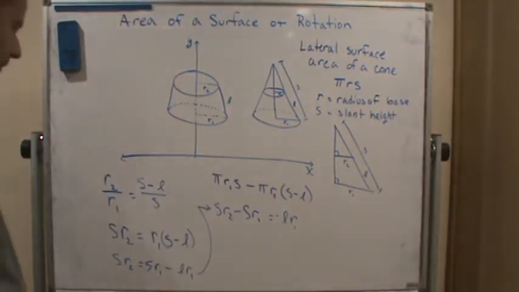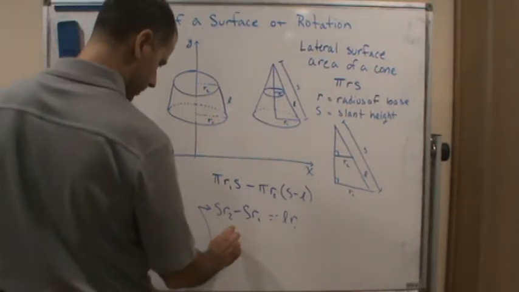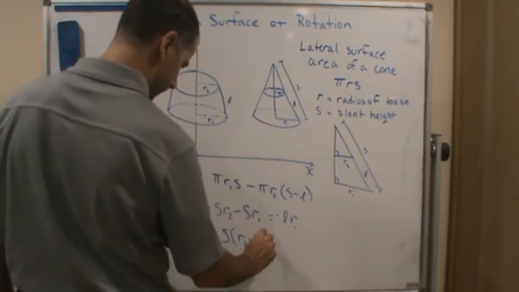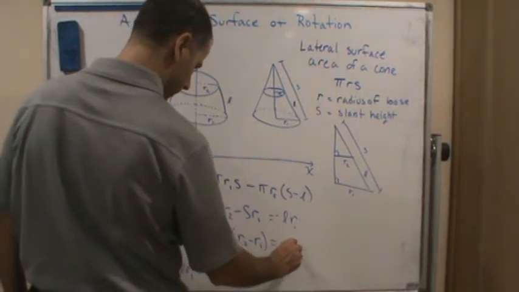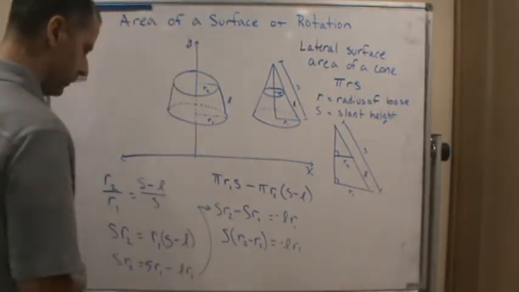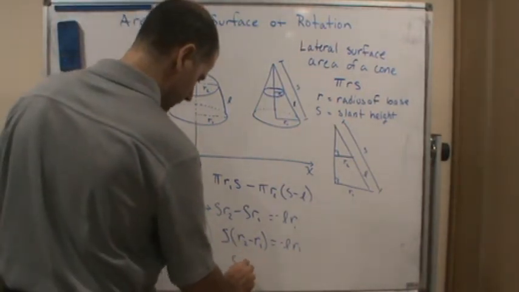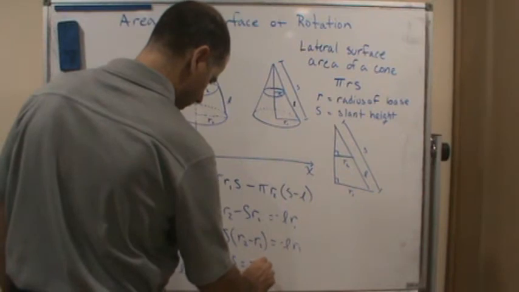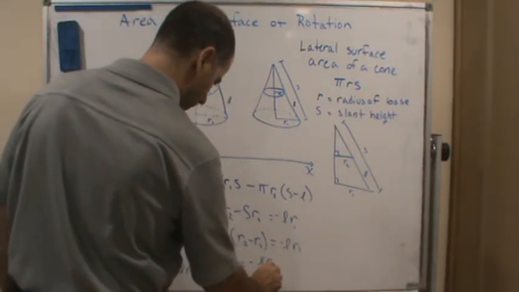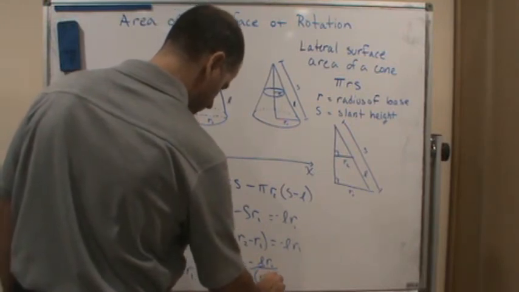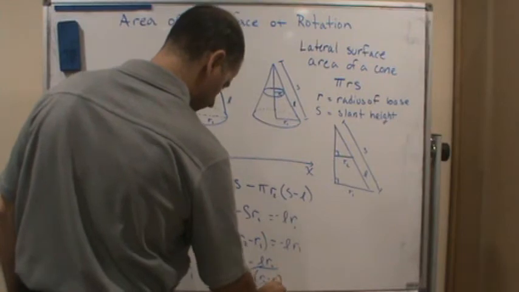Now I can factor out the s: s times r2 minus r1 equals negative L r1. Dividing, s equals negative L r1 over r2 minus r1.